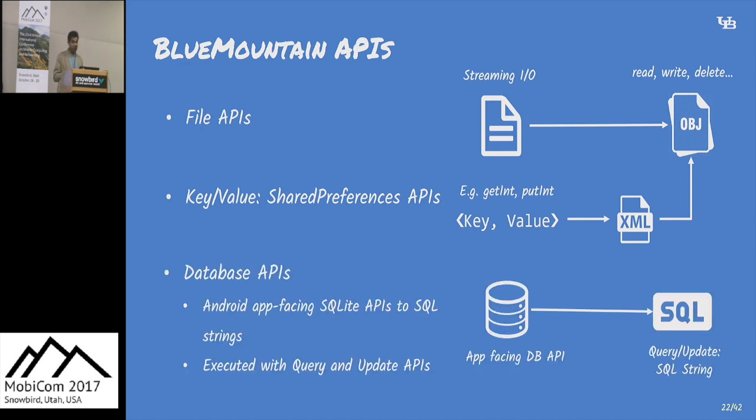To handle databases, which are a little more complex, we reduce a large set of app-facing database APIs to a simple SQL statement which can be executed over update and query. Some cases are more complex than this, as we have to weigh the trade-off between simplicity and functionality. We provide details in our paper. In summary, by implementing this simple new interface which we are providing, anybody can build a data management app.